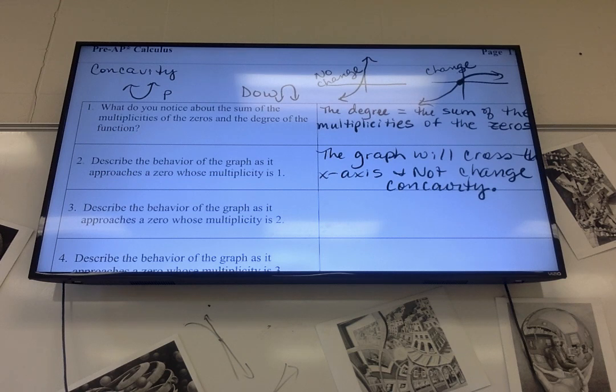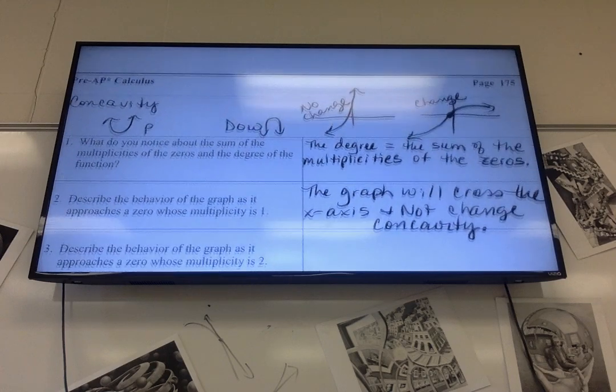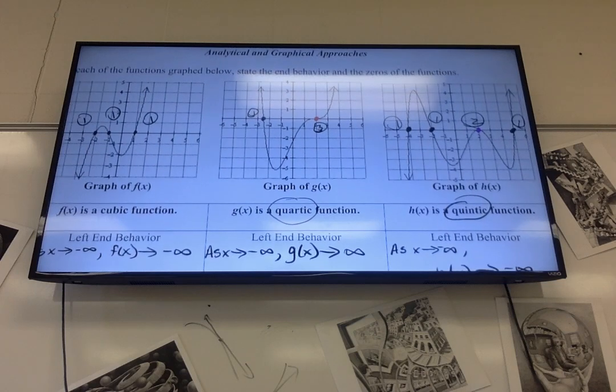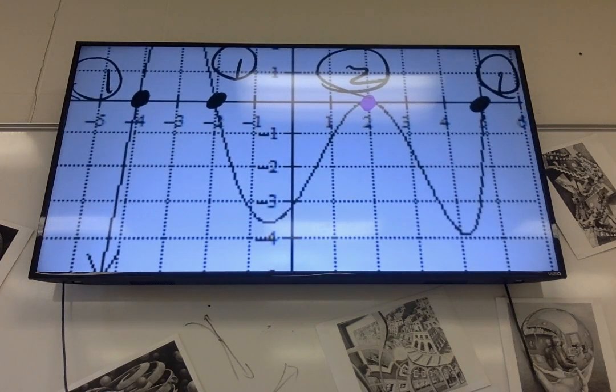Number 3, describe the behavior of the graph as it approaches a 0 whose multiplicity is 2. So that purple dot right there is the only one we had that was a multiplicity of 2. What happens? It bounces. That's what we call it.